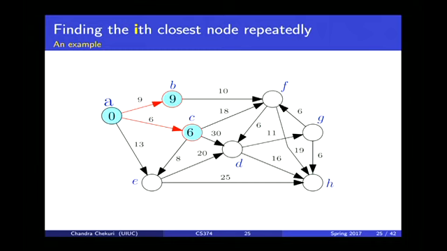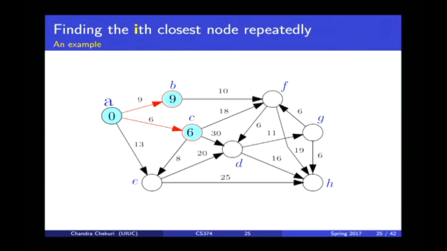Sorry? Consider what? D? Oh, that's because I'm only interested in finding distances through the explored nodes, not the unexplored nodes. All right, how can I reach F using only these three nodes? Well, I can come through two ways.